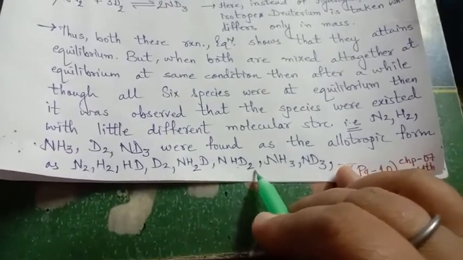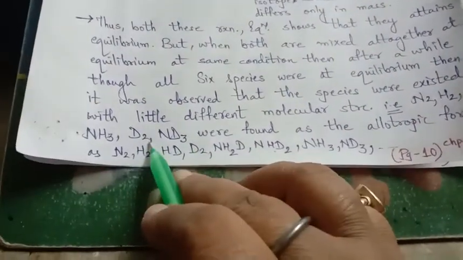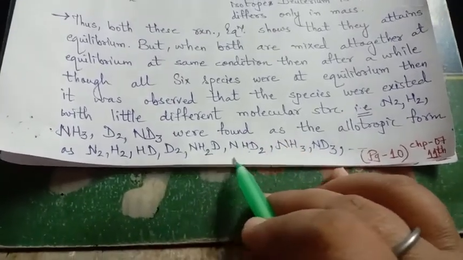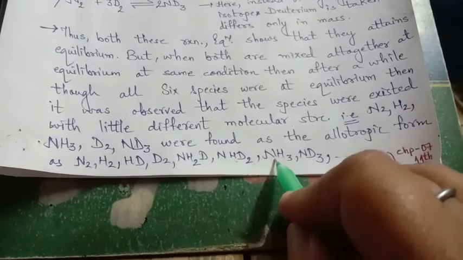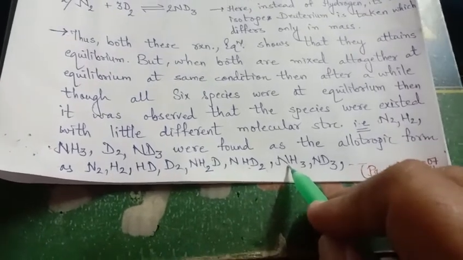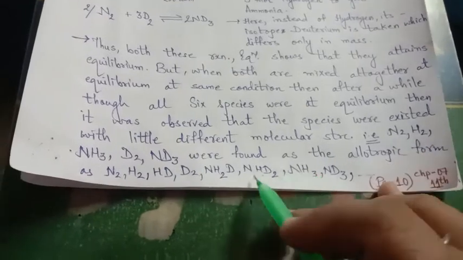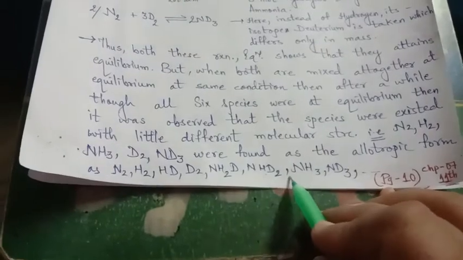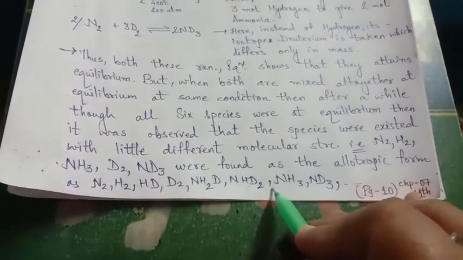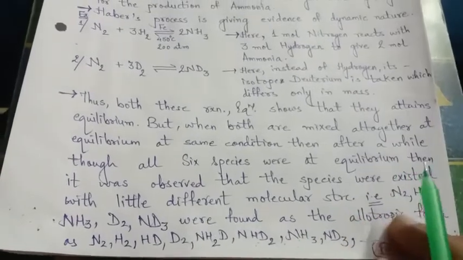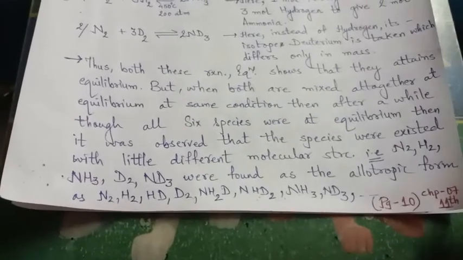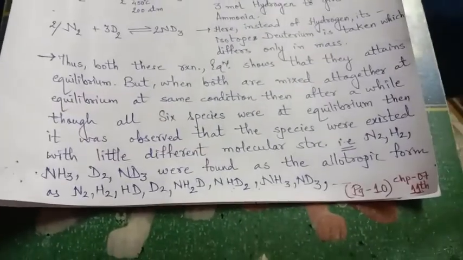So this was the evidence that though all these N2, H2, NH3, ND3, D2 had attained equilibrium, again this new formation was still found after a while. It means slowly and gradually the separation of atoms took place and they combined among themselves in a different form. So this is the dynamic nature: equilibrium is attained and then also the formation of new species arises.